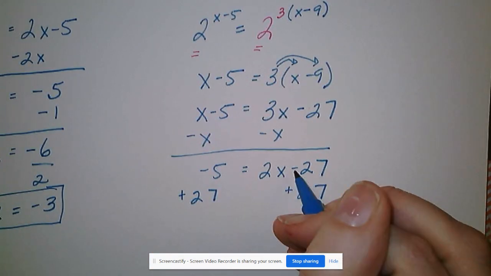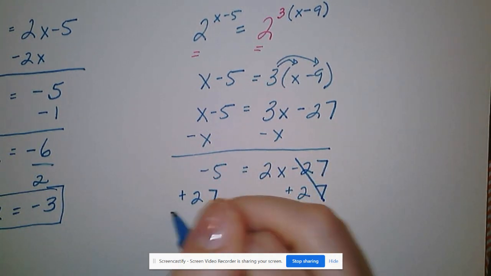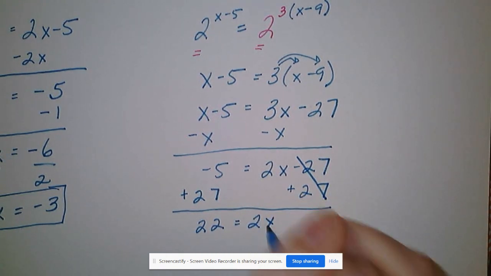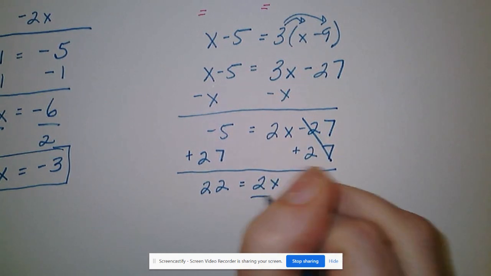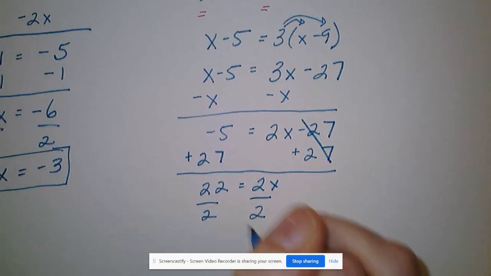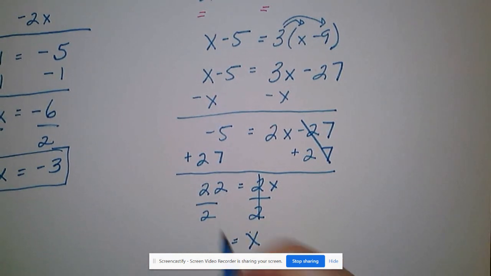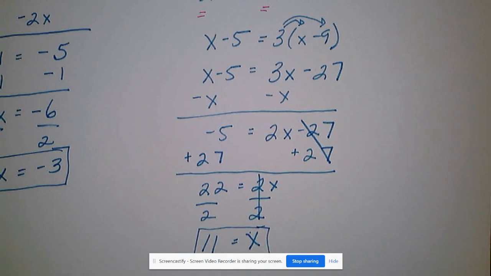And the reason I added is because it was being subtracted. That eliminates it from that side. Negative 5 plus 27 is 22, and that equals 2x. So my last step is to divide both sides by 2. And I'm left with just x by itself, and 22 divided by 2 is 11. So that is my solution.